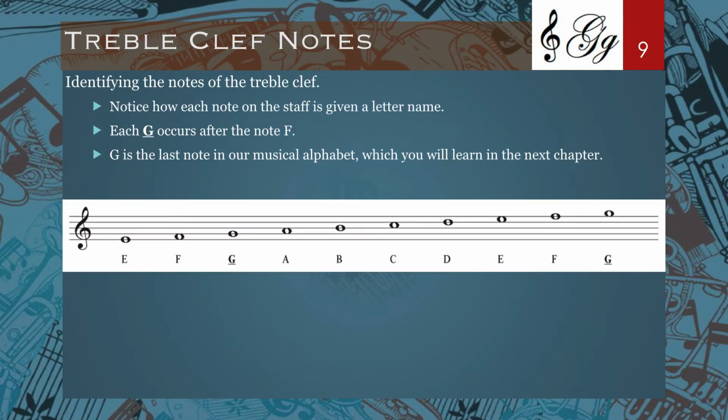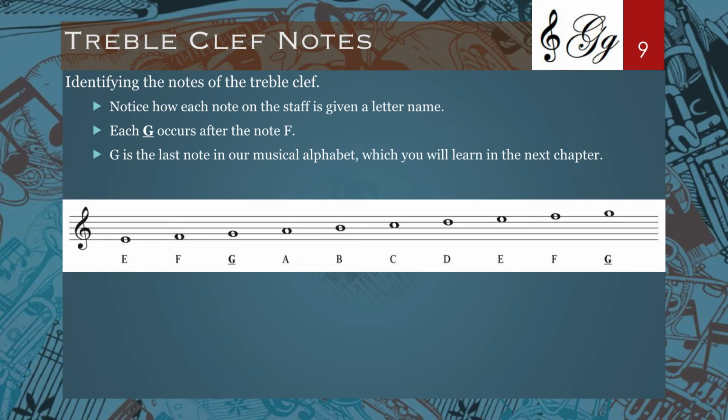This will take you a little bit of time, but when identifying the notes of the treble clef, we use a musical alphabet, just like on the keyboard. The first space is going to be E, and then it just moves up alphabetically: E, F, and G. Once you hit G, you have to start over again at A. You should already understand this concept from the keyboard note identification.